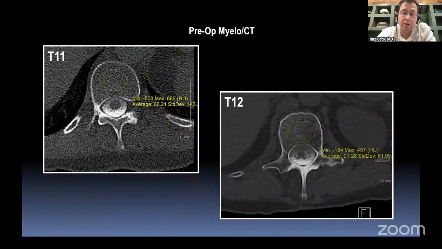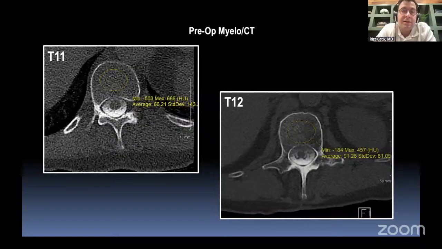But when we look closely at this patient's CT scans, we see that her Hounsfield units are below 100 at almost all the levels. As we can see, T11 has an average Hounsfield unit measurement of 66, and T12 has a measurement of 91, which are below 100, and which are typically lower than what we expect to see in a patient with just osteopenia and not osteoporosis.